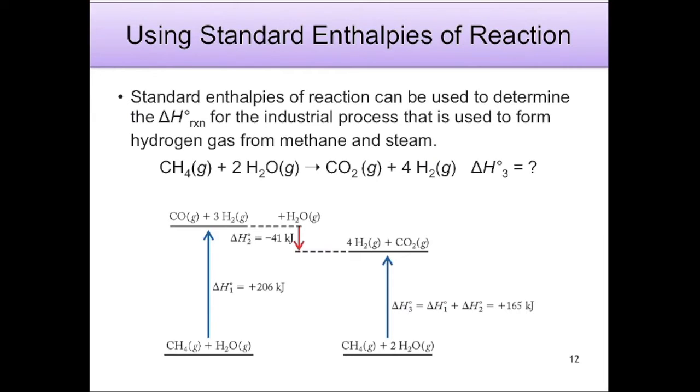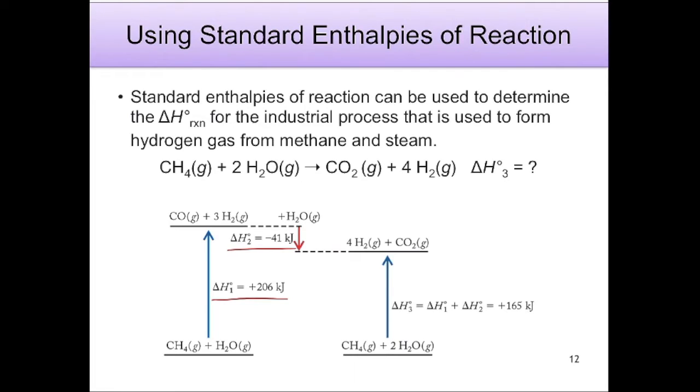from methane and steam. So this is the same diagram we saw before, but now we have numbers associated with it. Delta H1 at standard state conditions, delta H naught, is plus 206 kilojoules. That plus tells us that it's an endothermic reaction. For reaction 2, delta H naught at standard state conditions is minus 41 kilojoules.